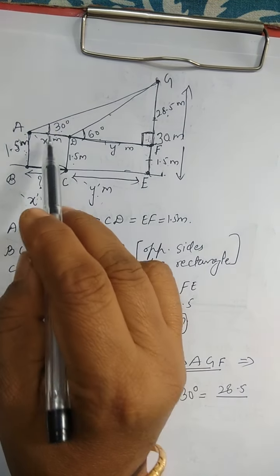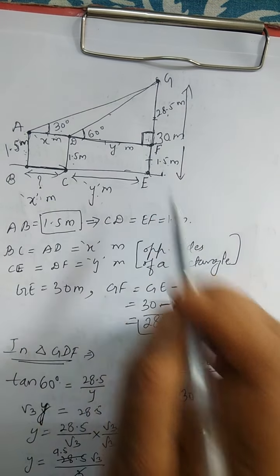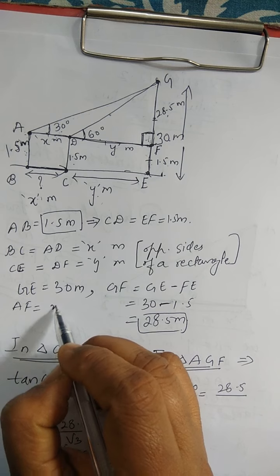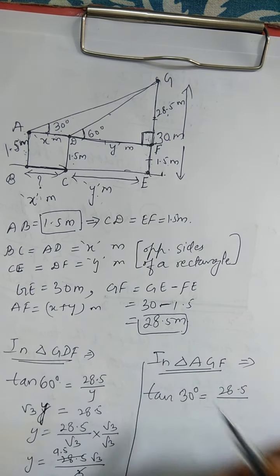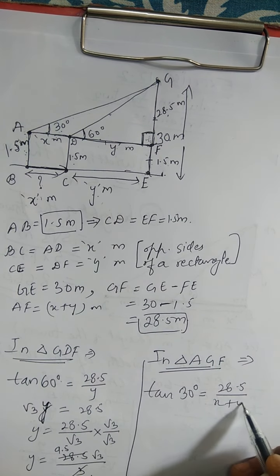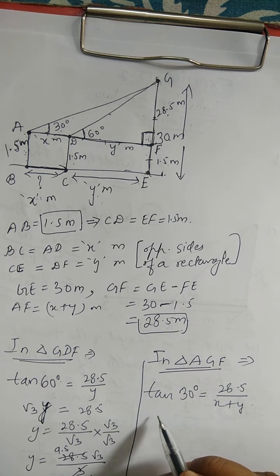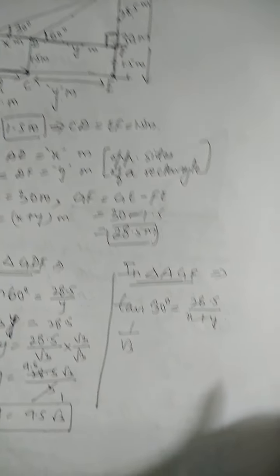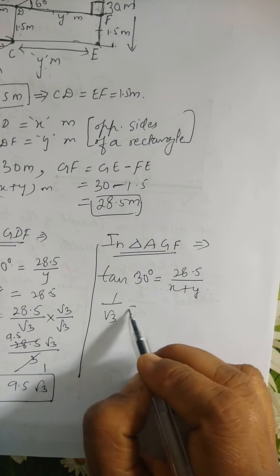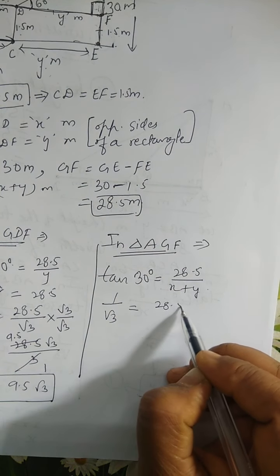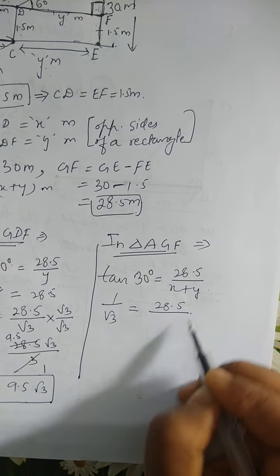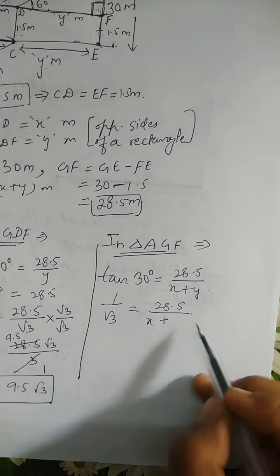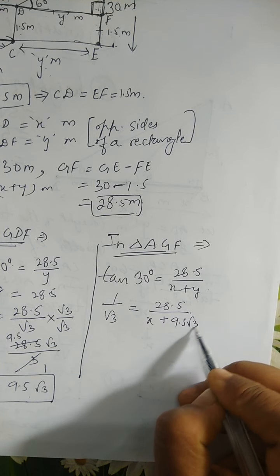What will be AF? x plus y. Write down AF is equal to x plus y meters. So tan 30 degrees, 1 by root 3, is equal to 28.5 upon x plus y, where the y value is 9.5 root 3.